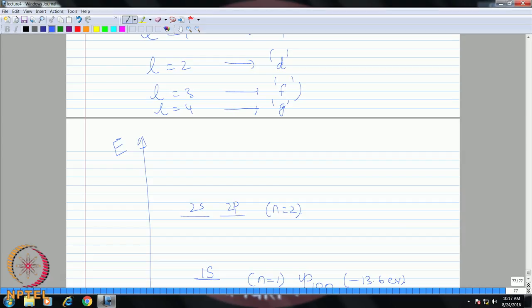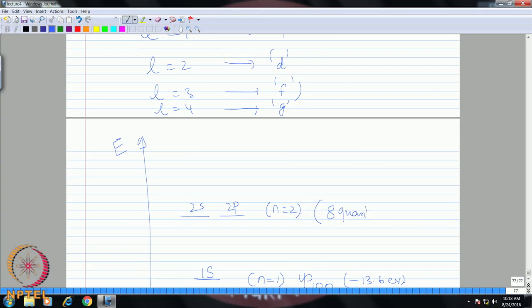If you include the spin, plus half and minus half, we have additional degeneracy. So, in 2p, instead of 3, 6 electrons can occupy, and 2 electrons can occupy the s orbital. Actually speaking, you have in this case 8 quantum states including spin, and for 1s, 2 quantum states including spin.